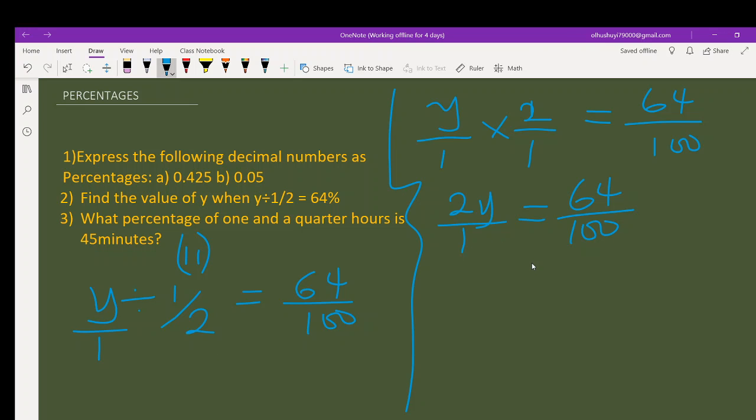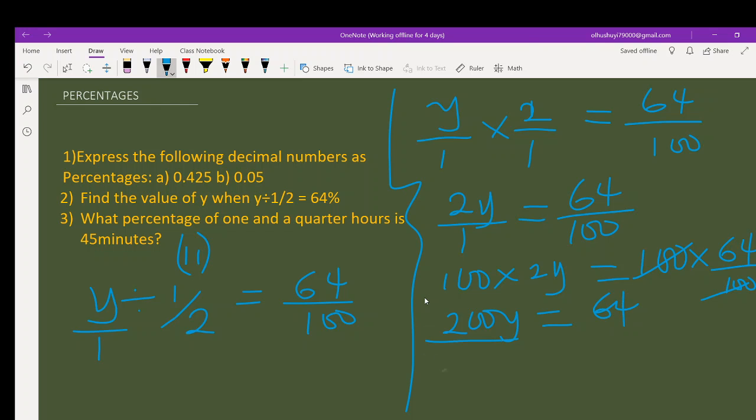If you choose to cross multiply, you will get the same answer. But to be more organized and more formal, you multiply both sides by the LCM, which is 100. Then you have 100 times 2y equal to 100 times 64 upon 100. This cancels this. This becomes 200y is equal to 64.